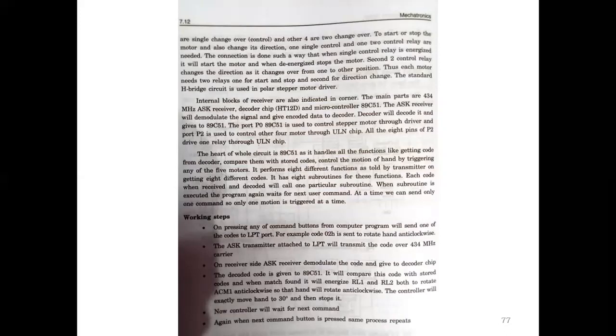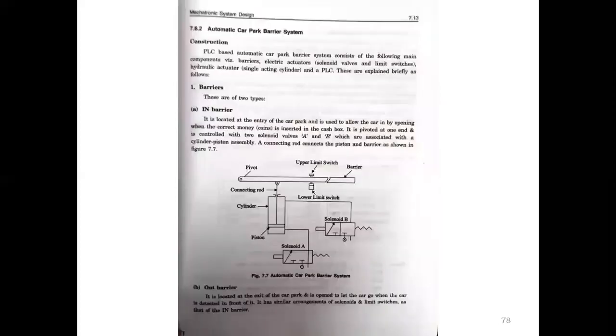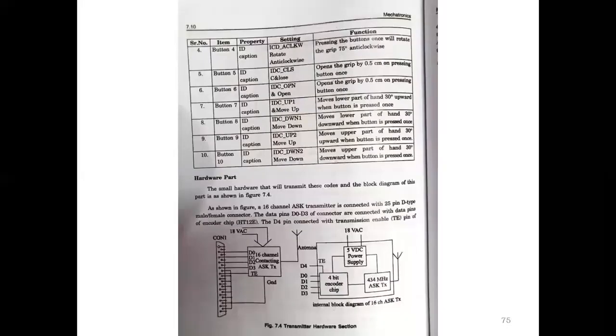The controller will move the hand exactly 30 degrees and then stop it. Now the controller will wait for the next command. Again, when the next command button is processed, the same process repeats. So these are the working steps of the pick and place robot.